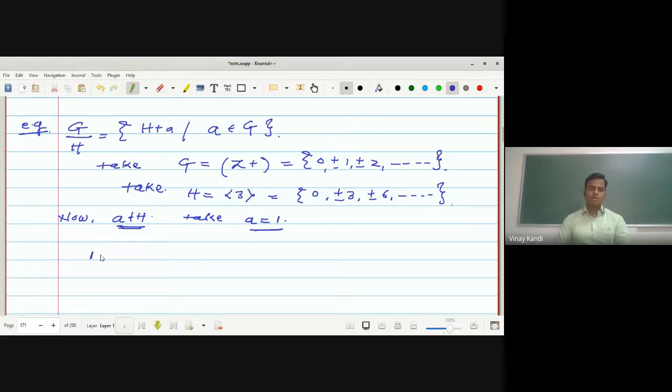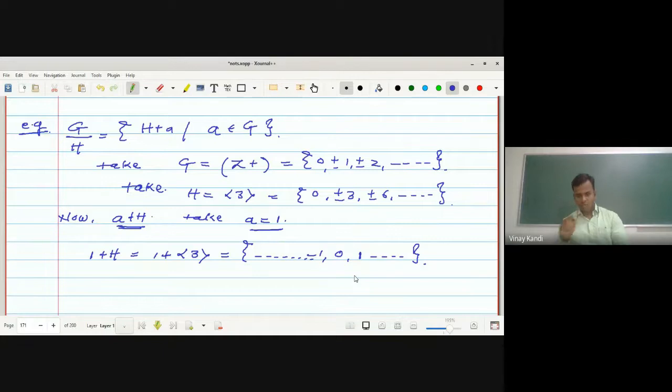So 1 plus h is the group generated by 3, so add 1 to each and every element. What do you have to do in each element? Add 1 to the elements of 3h. So adding 1 to 0 gives 1.